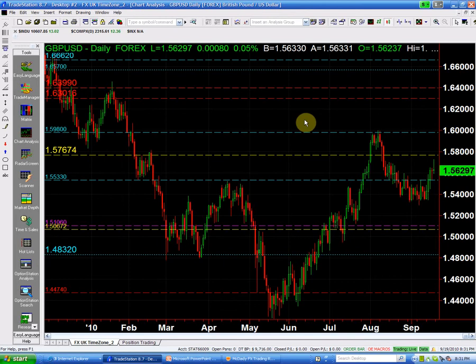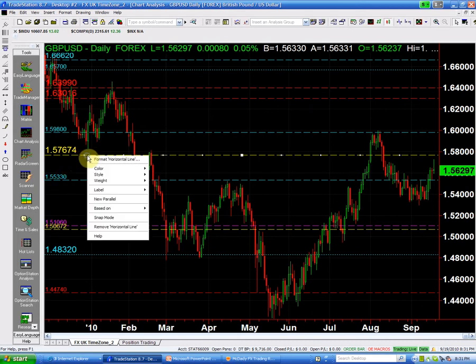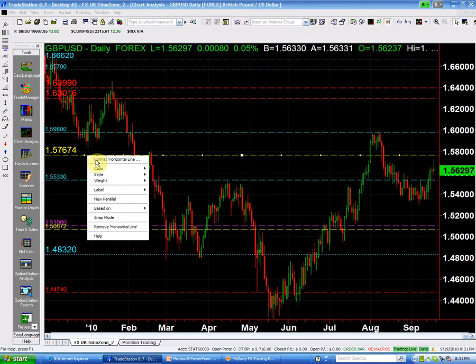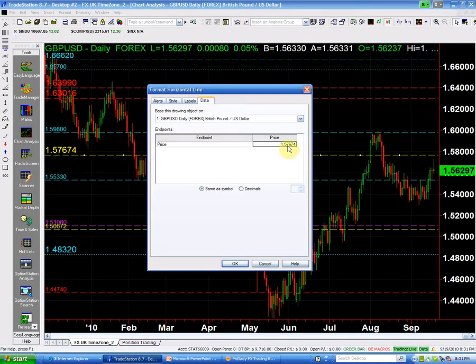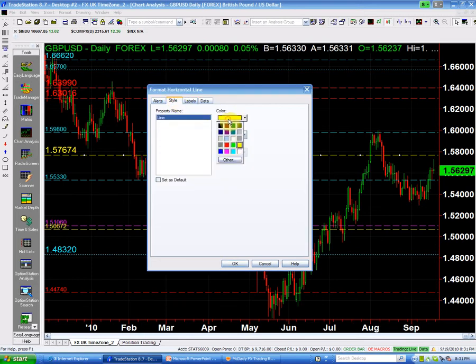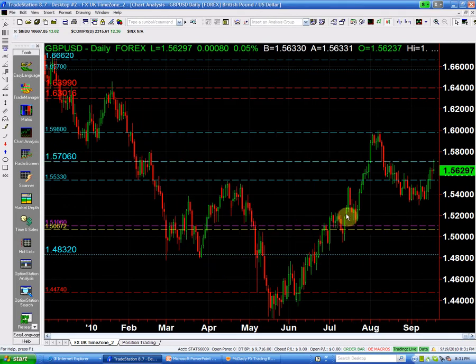Okay, our structure short we have here is the 155.33, and we have the 157.06 as a structural long. So this gives us a little bit of clarity.